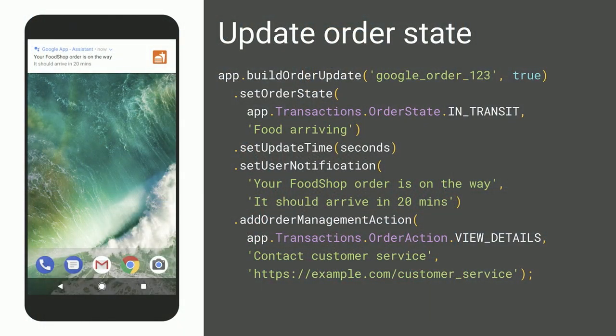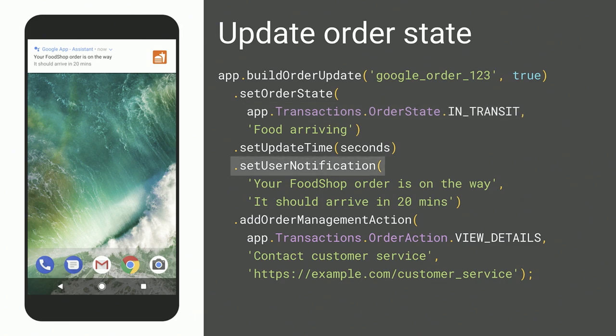Order updates are simply POST requests to an Actions on Google endpoint. The following code snippet shows how to build an order update. First, populate the updated state along with required supporting information. In this example, the order is in transit.